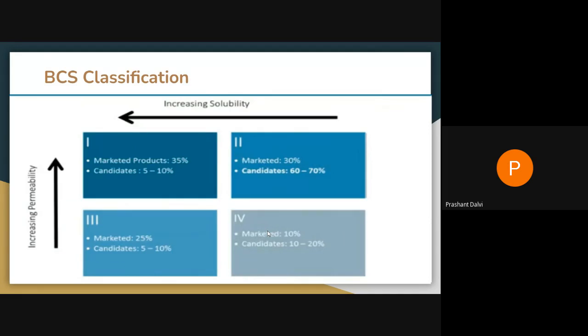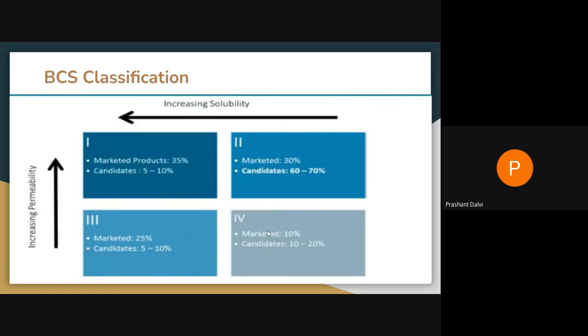Almost all the drugs present there are marketed in class 3. If you see class 4, the marketed product is about 10% and the candidate is 10 to 20%. Here also, about 10 to 15% of the drugs fail to reach the market because of the bioavailability problems. Yes or no?